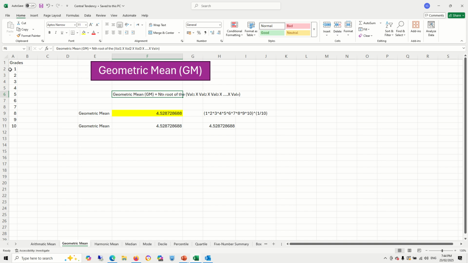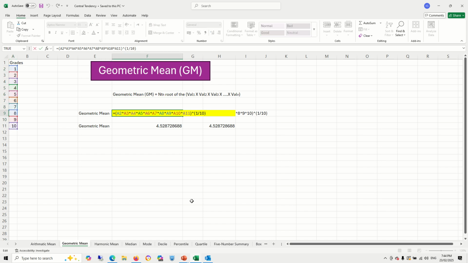So in this example for grades, the geometric mean, applying this formula, is: open bracket, the first one multiplied by the second one, multiplied by the third, fourth, fifth, sixth, 7, 8, then 10. Then close the bracket and press shift plus 6 to get this caret, which means the power of.